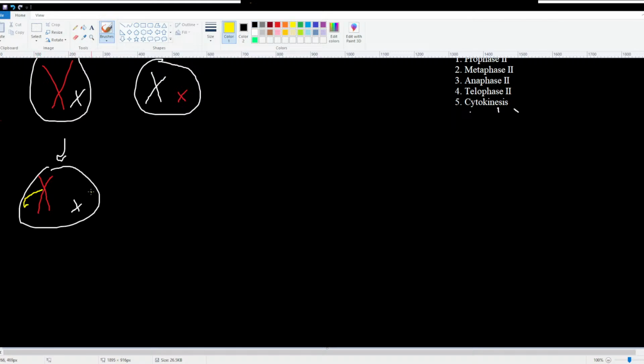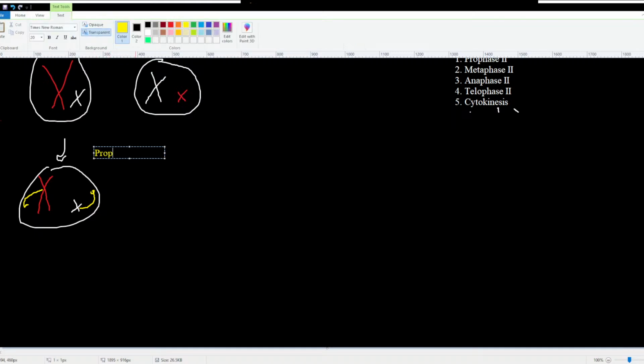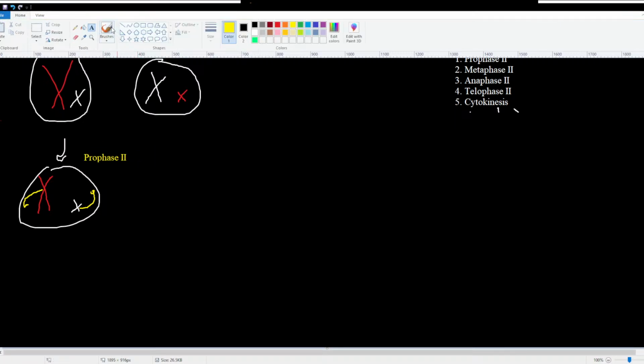What's just going to happen is that the mitotic spindles will go ahead and start attaching. Sorry, this is prophase 2. So after prophase 2, then what? Then there's metaphase 2.